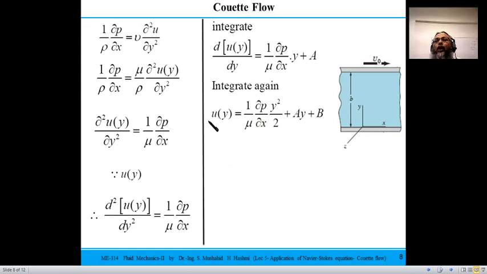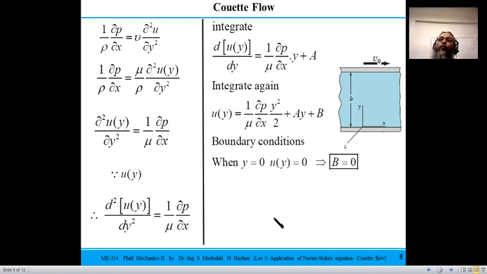So you get the expression for the velocity profile, which is some function of y squared and y, and as we did with C1 and C2 as the two constants, here we have constants a and b. And you know how to get a and b? The way we did in the previous problem, by employing the boundary conditions. Once you employ the boundary conditions, you will be able to get information about a and b.